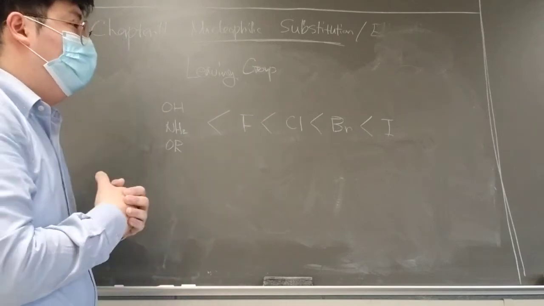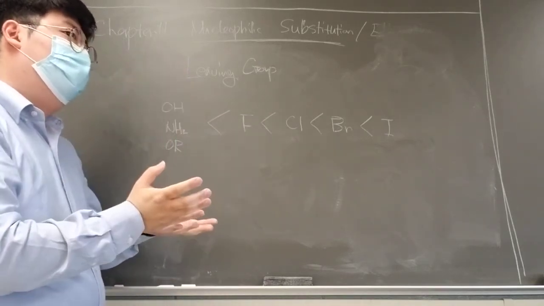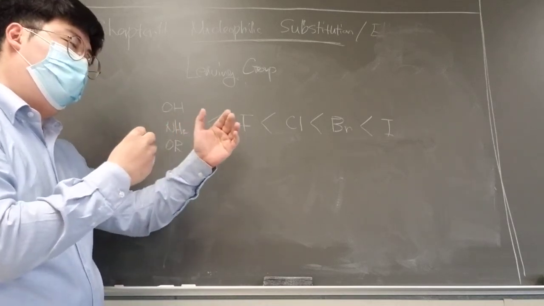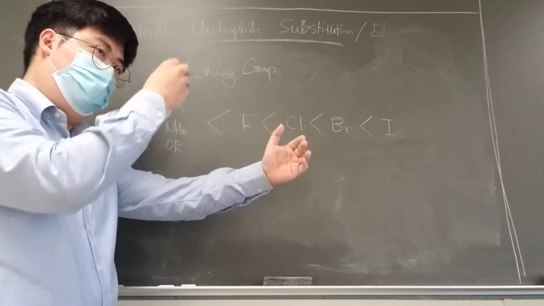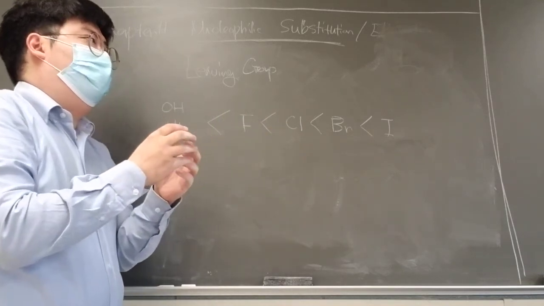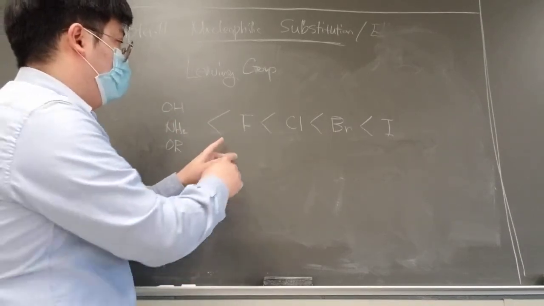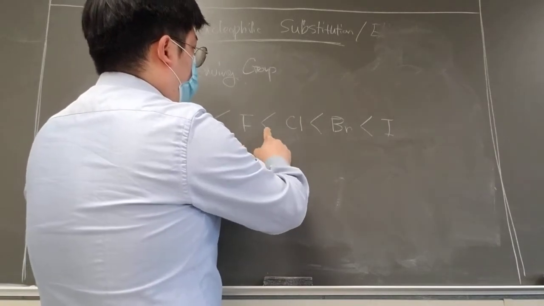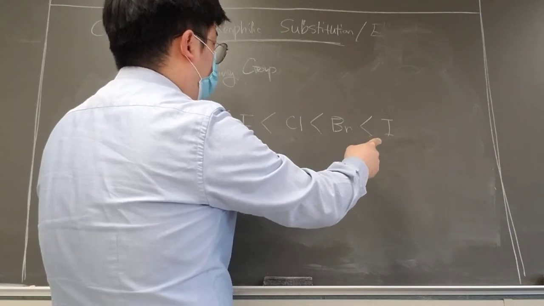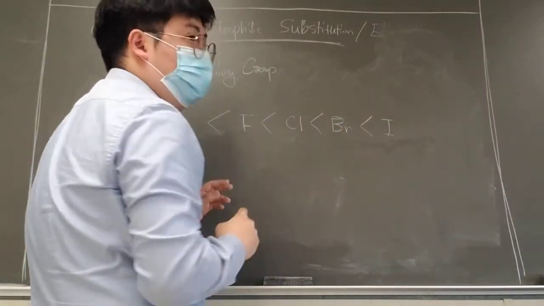The outer electrons are farther and farther from the nucleus as you go down. That means those electrons are much less tightly held by the nucleus in that element. So they're going to have a weaker and weaker bond to the compound, which makes better and better leaving groups.